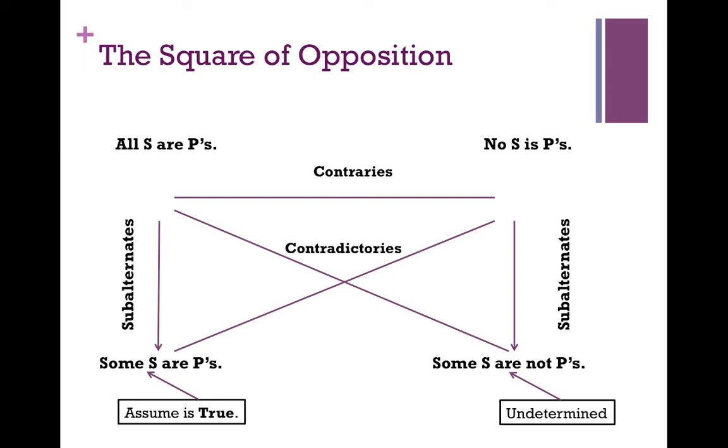Why? Well, if some S is P is true, why would it be true? Maybe it is true because some students are smart and some students aren't smart. That's a possible state of affairs, in which case the O form proposition would be true. Some S is not P would be true. But it's also possible that this is true because all the students are smart.